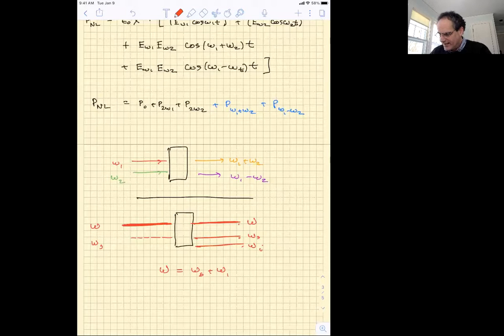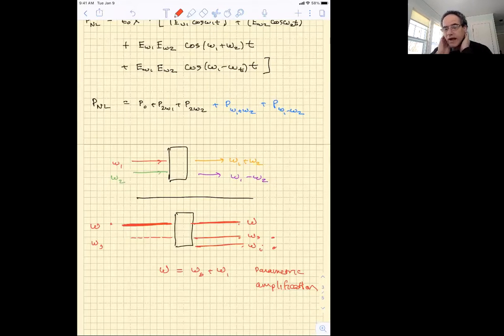In this process, in which the signal beam and the idler beam are amplified by the incident beam, is called parametric amplification. I just thought I'd mention it here.